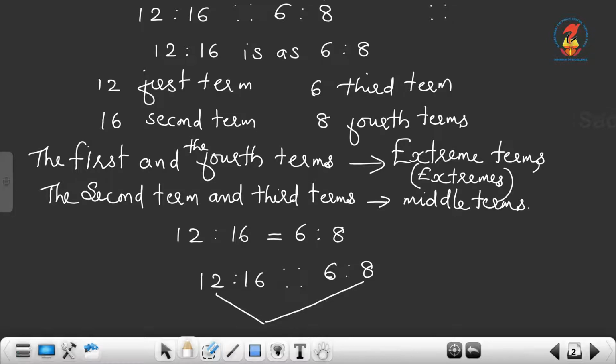So 12 and 8 are known as the extremes or extreme terms. Then 16 and 6, the second term and the third term, are known as the middle terms.